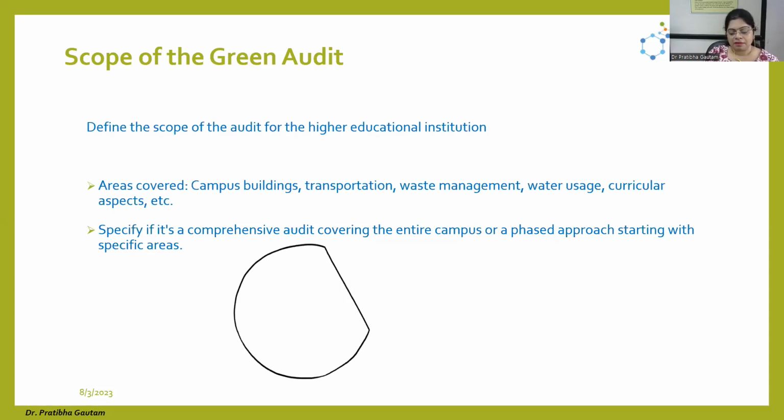The next thing towards carrying out the green audit is fixing up the scope. When we say fixing up or defining the scope, what does it mean? As I told, it may not be an institution only, it may be a big university having different campuses or different schools running in the same premises.